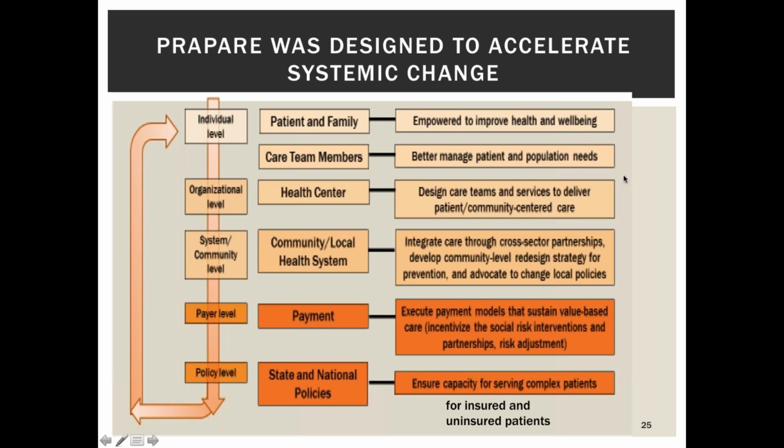And really, when Kersten was talking about transforming delivery care system, and Isha was talking about the importance of data, we thought that by starting with collecting individual patient level data, we would have the tools and the information for us as the health center to make changes and to share what is so special about our patient population, what are some of the issues they're going through, so that at the state level, we could bring that data, that information about what the needs and what the barriers of our patients are, to have a better conversation about what does it mean to improve care for this population, what does it cost to the health center to provide care and improve health outcomes for this population.